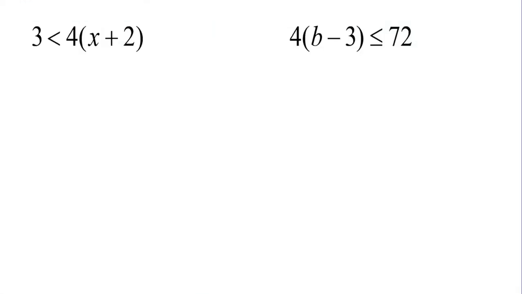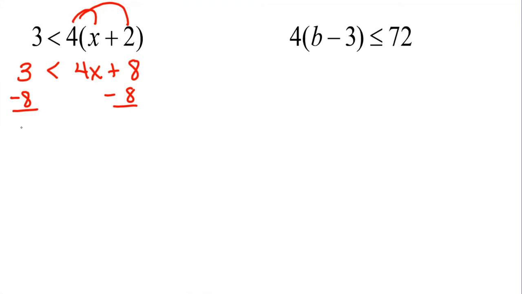So let's take a look at some examples of solving inequalities here. Here I've got parentheses on the right-hand side, so I'm going to go ahead and get rid of those using the distributive property. 3 is less than 4x plus 8. And now it's a two-step inequality. I can solve this. I'm going to subtract 8 from both sides. I get negative 5 is less than 4x, and I'm going to solve by dividing by 4.